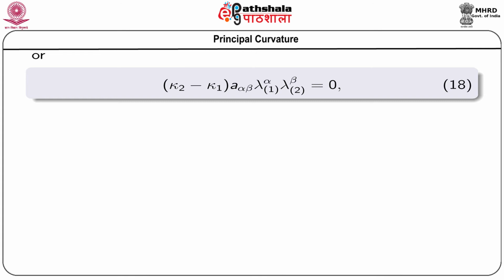Simplifying the previous equation, we get kappa 2 minus kappa 1 into a alpha beta lambda 1 alpha lambda 2 beta equals to 0.